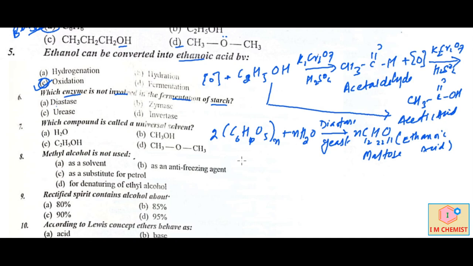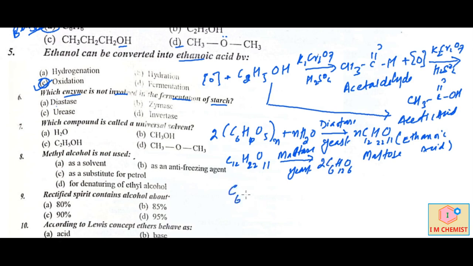Then this maltose is further converted into glucose. We have C12H22O11. This is maltose, and if you treat it with the enzyme maltase, in the presence of the microorganism, again yeast, it would be converted into 2 moles of glucose, C6H12O6.